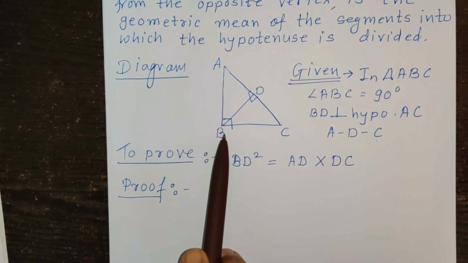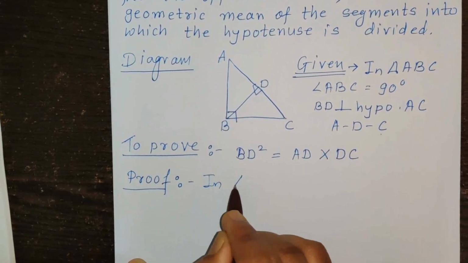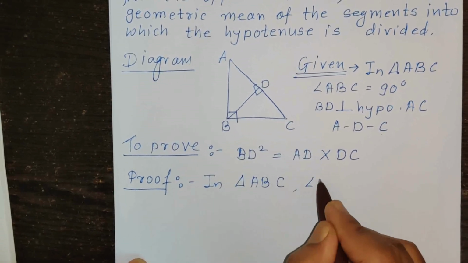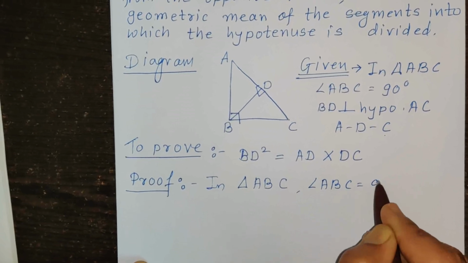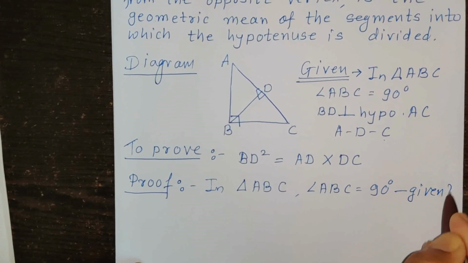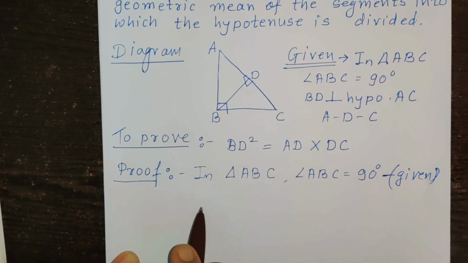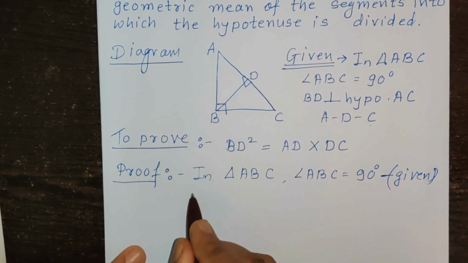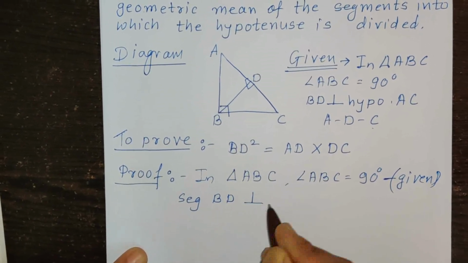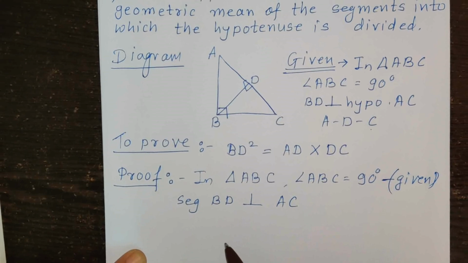See the diagram. In the diagram, in triangle ABC, angle ABC is 90 degrees, and this is given. The reason for this statement is given. Also one more thing is given, that is segment BD perpendicular to segment AC, or you can say hypotenuse AC.